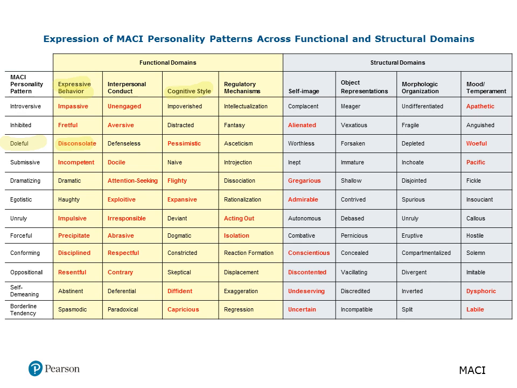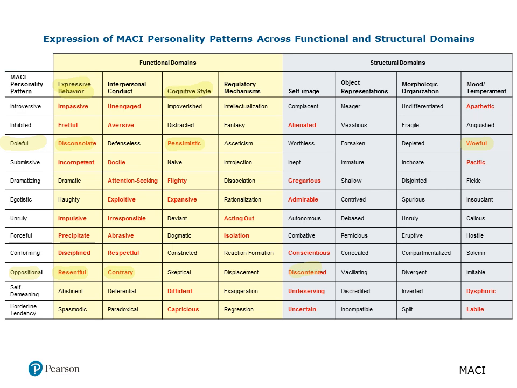So the individual's cognitive style for the doleful personality would be described as pessimistic, and mood and temperament would be described as woeful. If you think about maybe oppositional, certainly expressive behavior is an important clinical feature as well. The individual is often resentful, interpersonal conduct is contrary, self-image discontented.